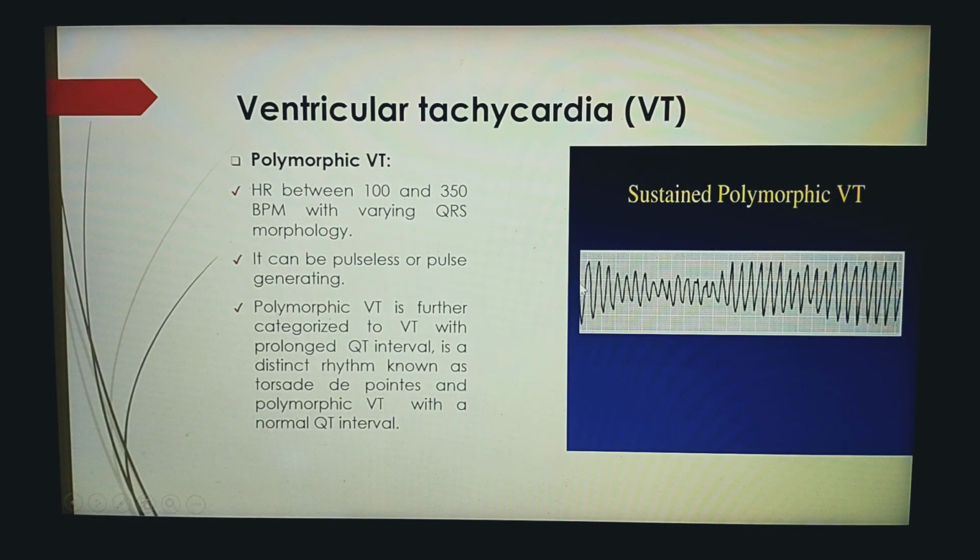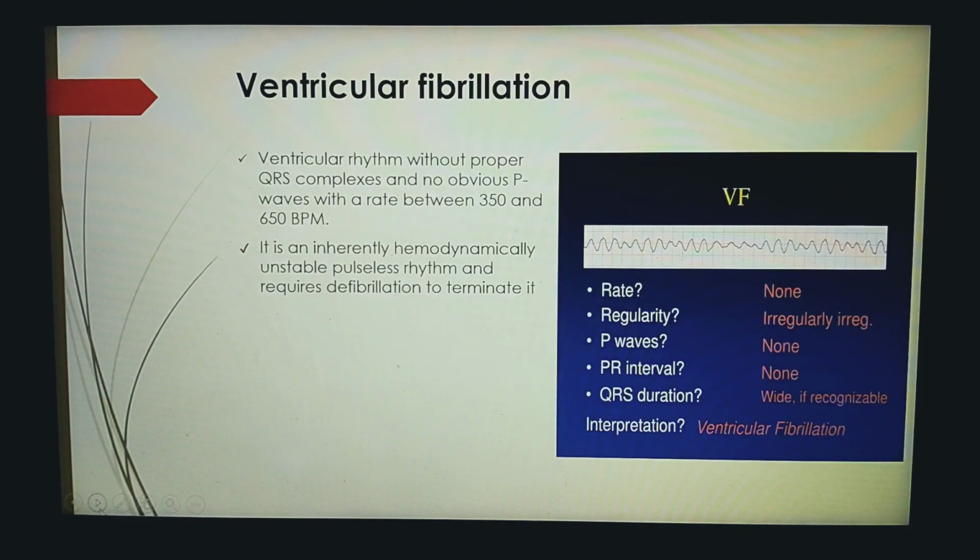Here the QRS complex is high amplitude, here it is low, here again high, here again low. That is screw-like, also called torsades de pointes, polymorphic ventricular tachycardia, which may end up with ventricular fibrillation, that is more dangerous than monomorphic VT.